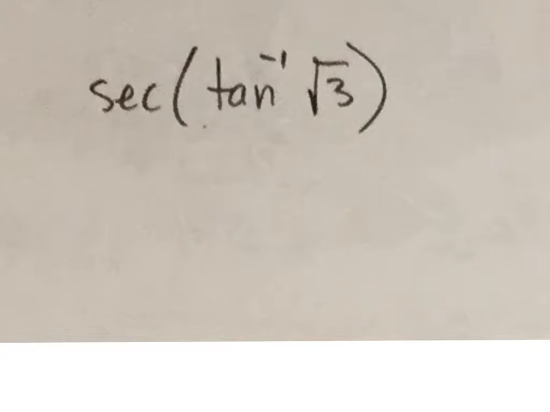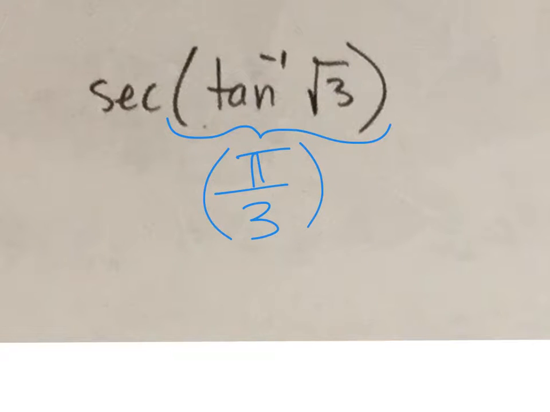Okay, this next one says, at what angle does the tangent have a value of root 3? And if you know your unit circle, that happens at the radian angle of pi over 3. Okay, because that's the root 3 over 2 divided by 1/2. Tangent is y over x. So that is what happens at root 3.